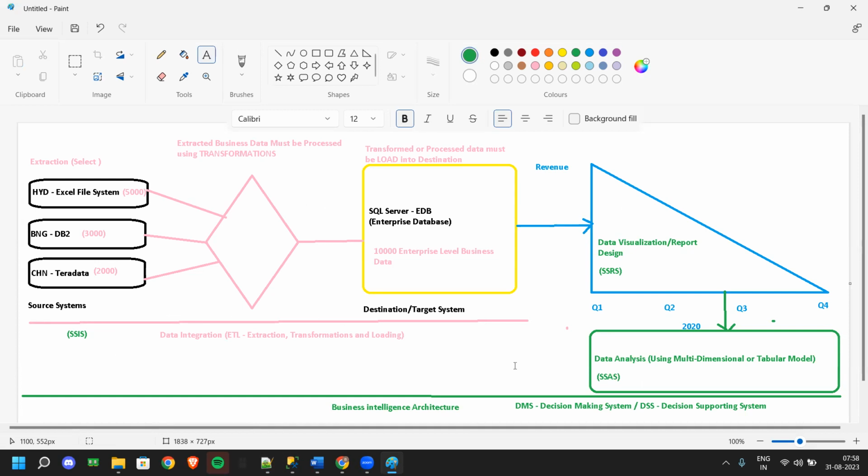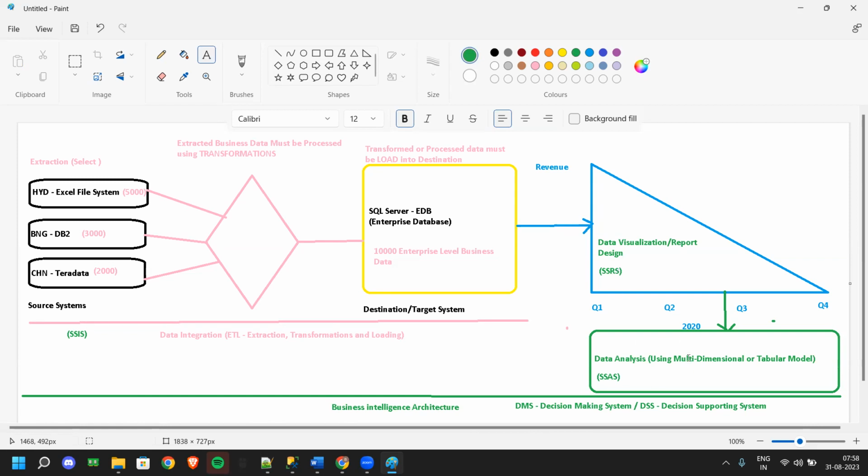You are in a position to perform ETL and data integration activities by using the MSBI tool called SSIS. You are in a position to perform reporting and data visualization activities by using the MSBI tool called SSRS.